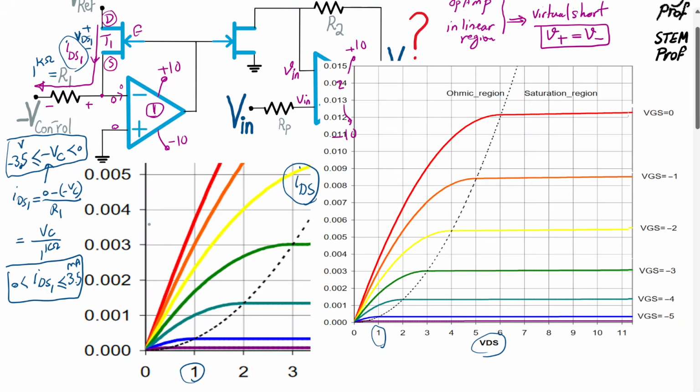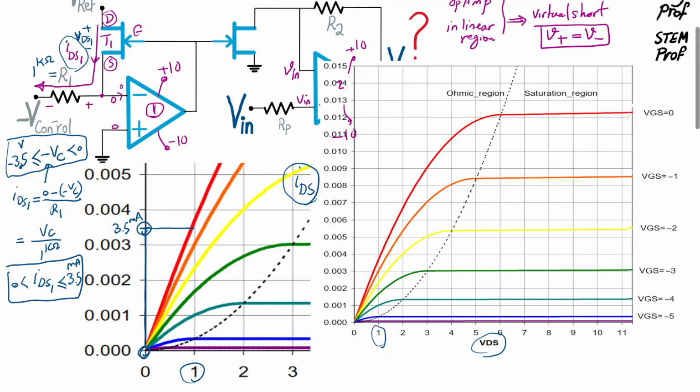So what I'm trying to say is IDS, which is the y-axis zoomed in version of this, is from 0 on the y-axis up to 3.5. This is in amp, so up to 3.5 milliamp.